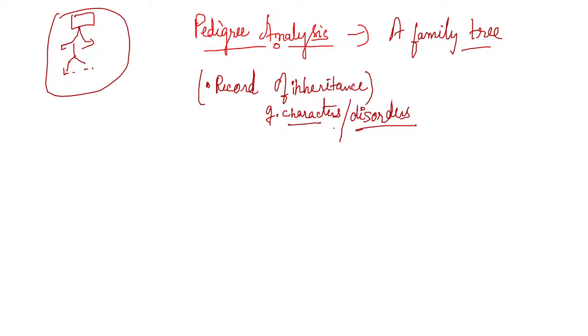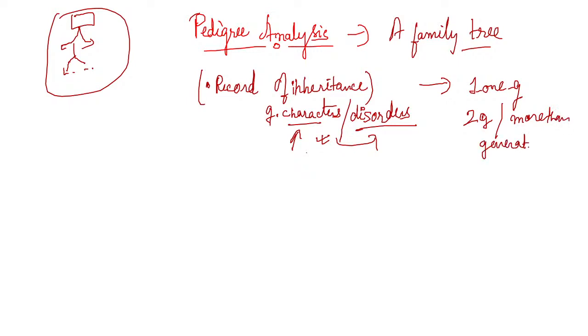Not only characters, but also disorders, because characters are some which can be selected and cannot be selected. When these characters are selected, they get natural selection and we call it a new character, a new gene. But when they don't get selected, we call it a disorder, right? We can create this for one generation, for two generations, or for more than two generations, right?